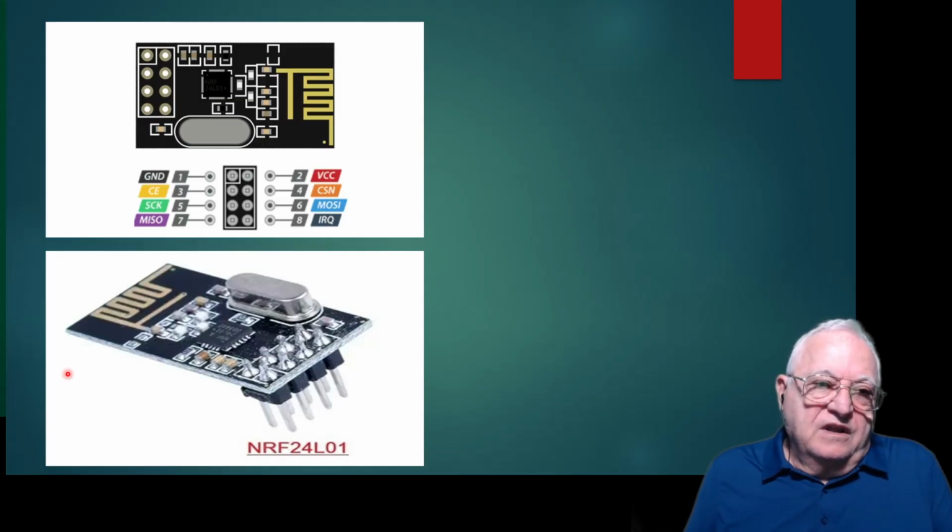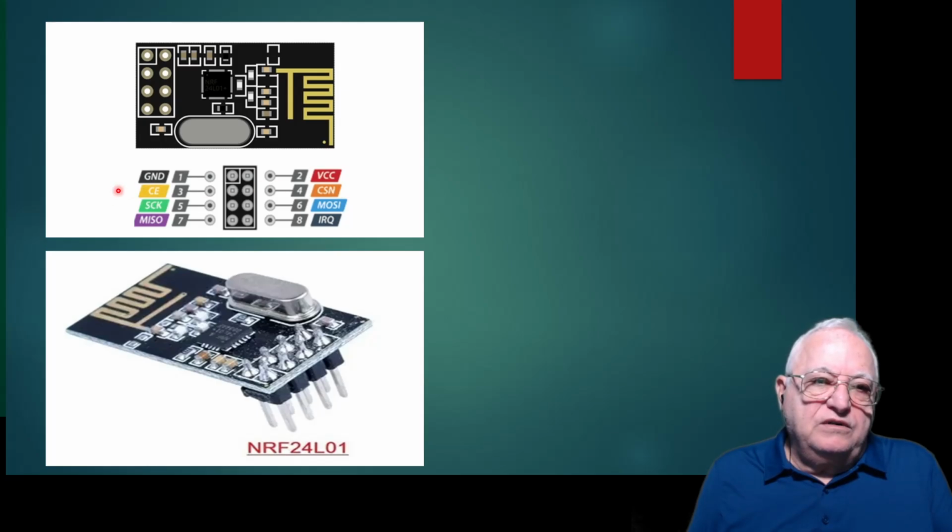So this is the radio. It has 6 pins for communication. And these are the values. We have the ground, chip enable, clock, MISO, IRQ, MOSI, and chip select, and this is the chip select, and this is the chip enable.